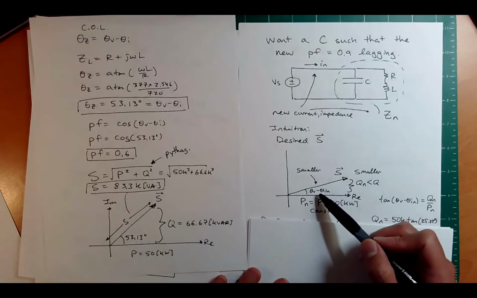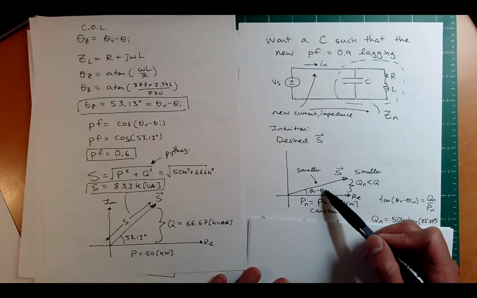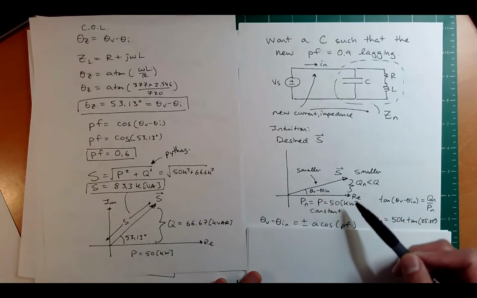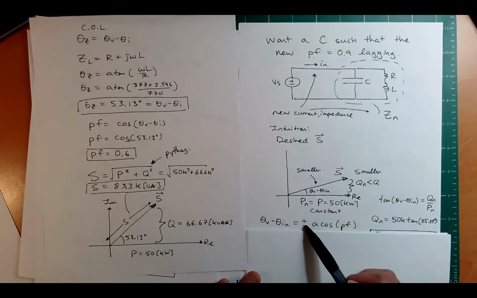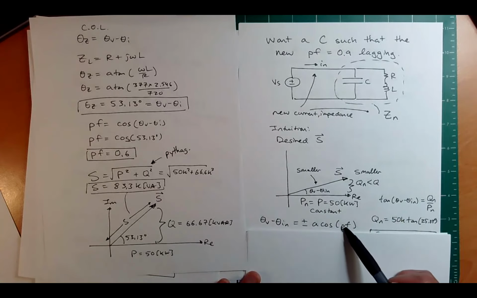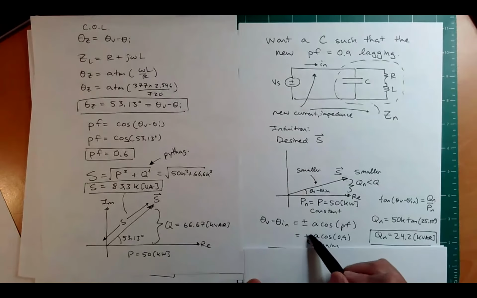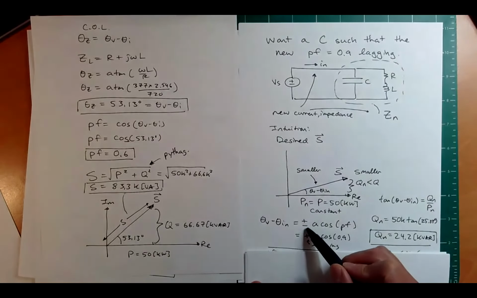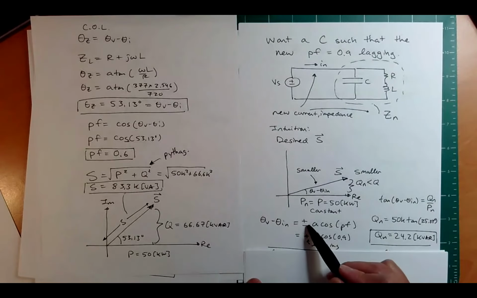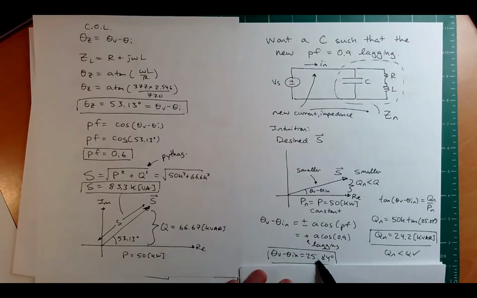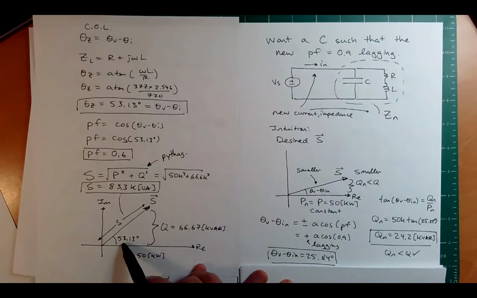Okay, so if we know that we want a 0.9 power factor, I think we can directly calculate that, because theta V minus theta I equals plus or minus the arccosine of the power factor. Because we know it's still going to be lagging, we choose the positive version, not the negative. If it were leading, we would choose the negative. So that ends up being 25.8 degrees as opposed to 53.